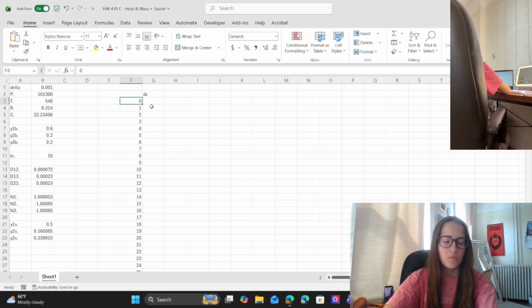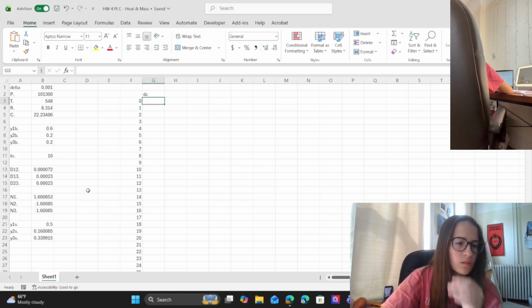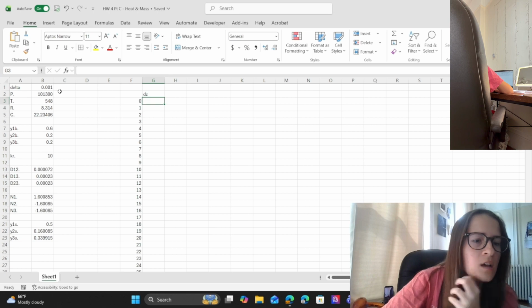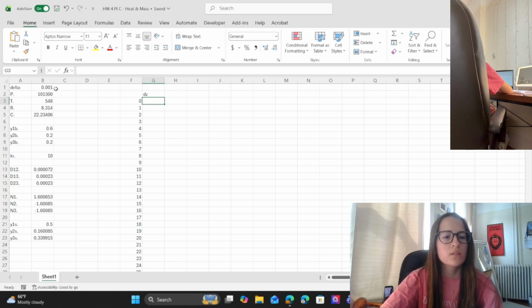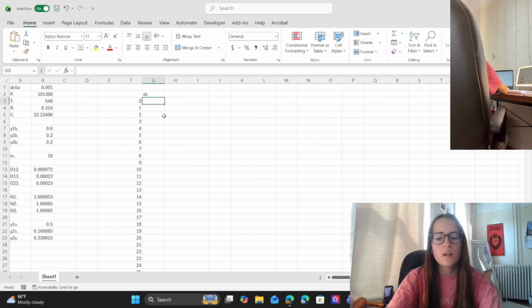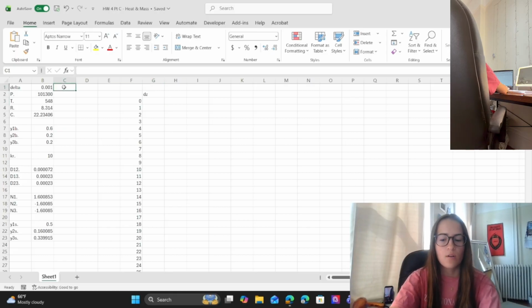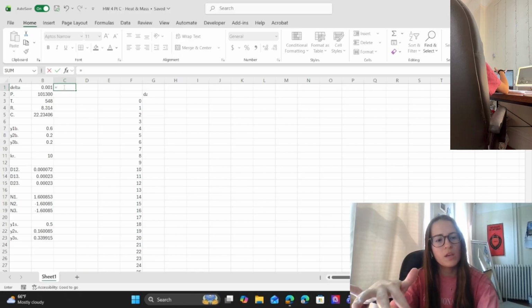And then, where's our delta? Here it is. So this is our total length. So what we're going to need here is we're going to need to find our counter length over here too. So that's once again like the amount of steps that we have.